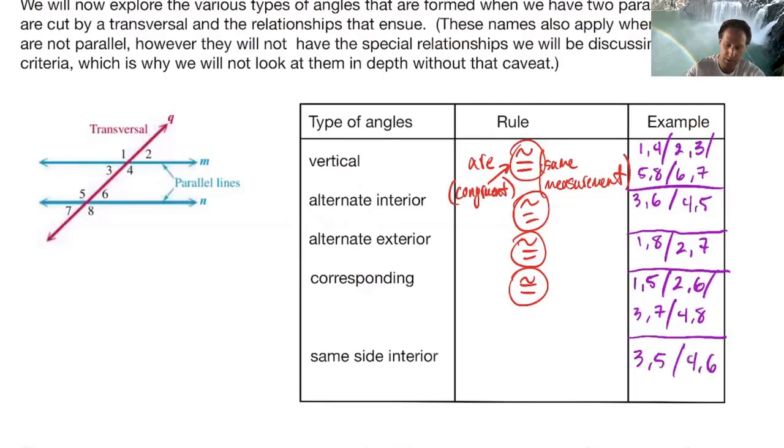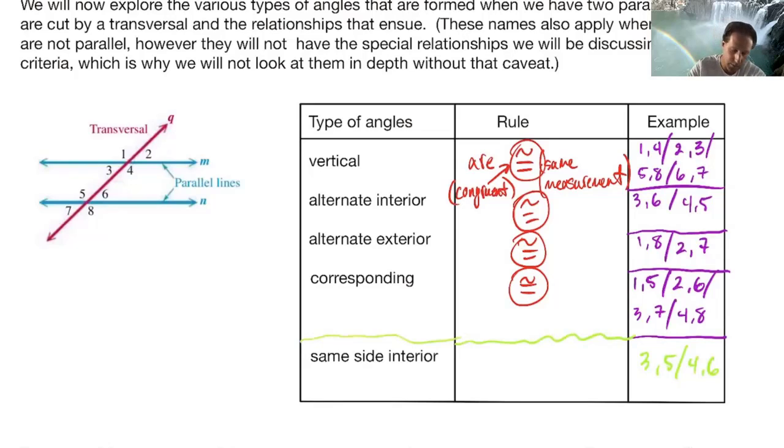And I'm going to use a different color to let you know that these are actually different. So to highlight this, we're talking angles 3 and 5, 4 and 6. And looking at 3 and 5, those pairs, well, what do you think? They're definitely not congruent. So what are they? What makes them different? Why are we looking at this by itself?